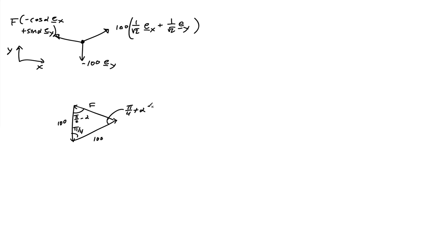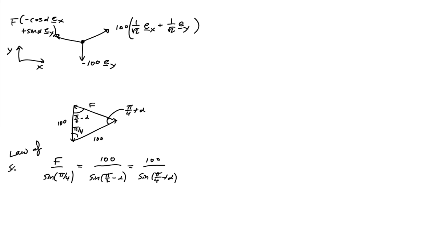From this diagram, I could use the law of sines to determine my unknowns. F divided by the sine of pi over 4 has to equal 100 over the sine of pi over 2 minus alpha, and that's also equal to 100 divided by the sine of pi over 4 plus alpha. This is the law of sines, just drawn for this triangle.